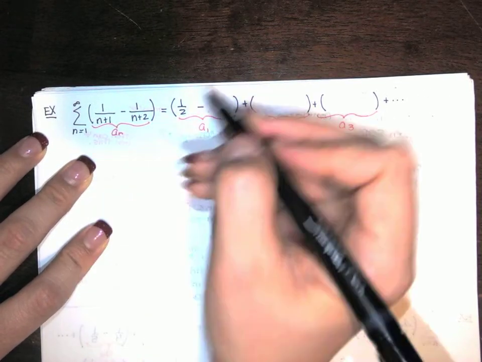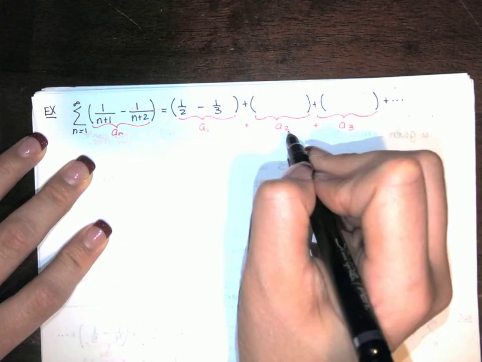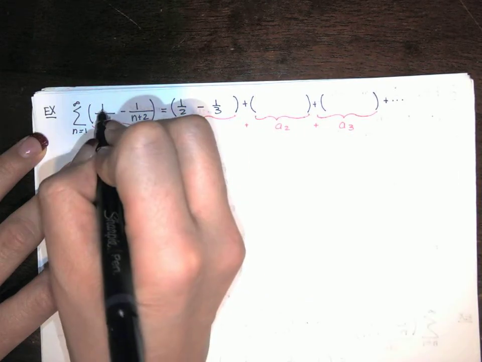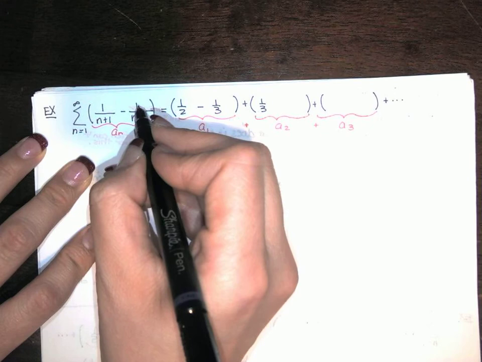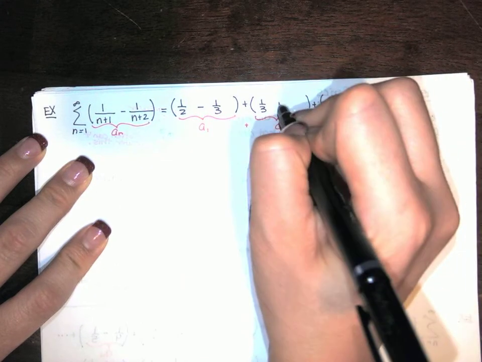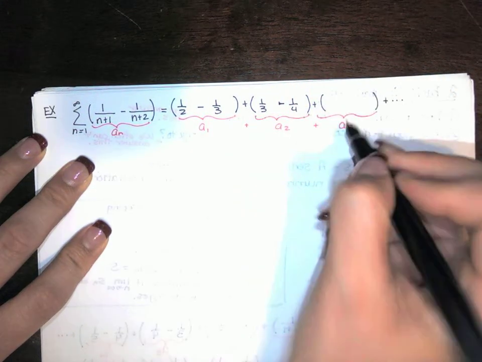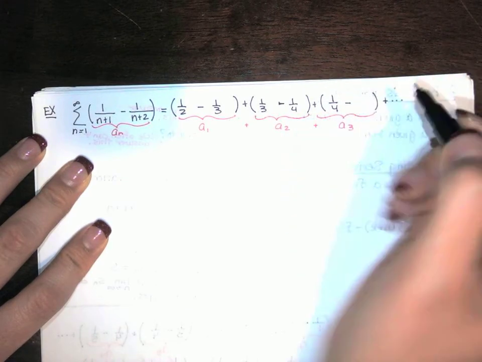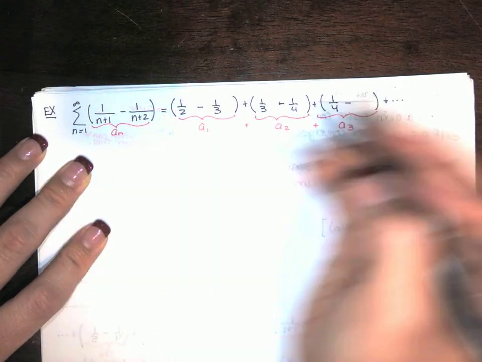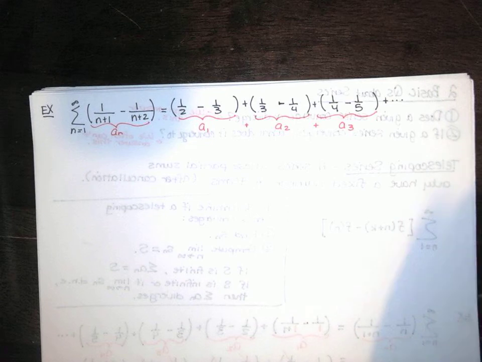When n equals 1, I get 1/3 here. When n equals 2, I've got 1 over 2 plus 1, so that's positive 1/3. When n is 2, I get negative 1/4. When n is 3, I get 1 over 3 plus 1 is 4, minus 1 over 3 plus 2 is 5, and so on. So that's our expanded series.